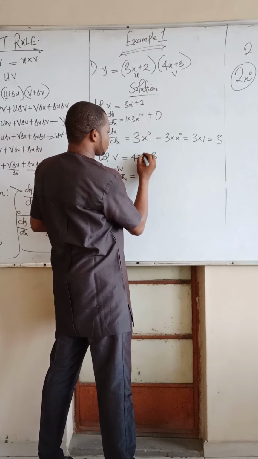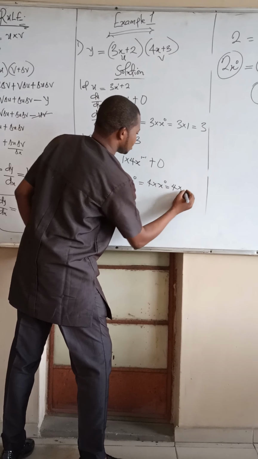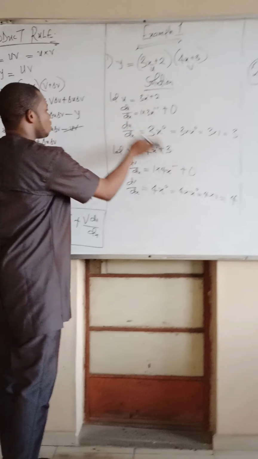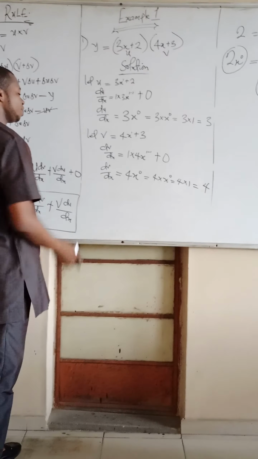So at the end of the day, dv/dx gives us 1 times 4x, which gives us 4x to the power 1 minus 1, and 1 minus 1 is 0. At the end of the day, this is 4 times x raised to 0, and anything raised to 0 is 1. So having done all this, you'll be able to get your terms, your parameters called du/dx and dv/dx.